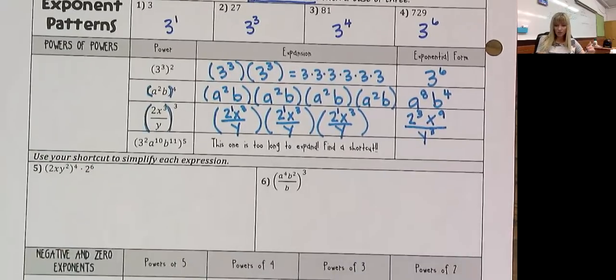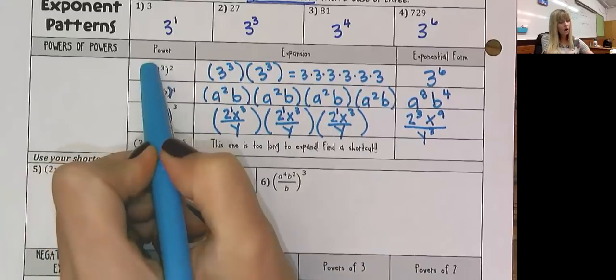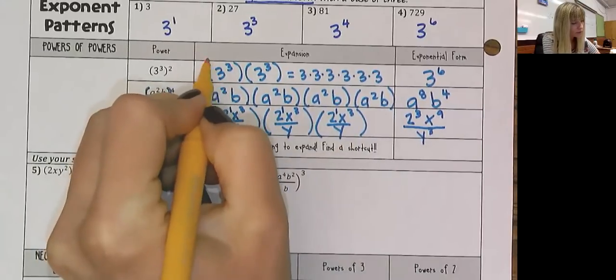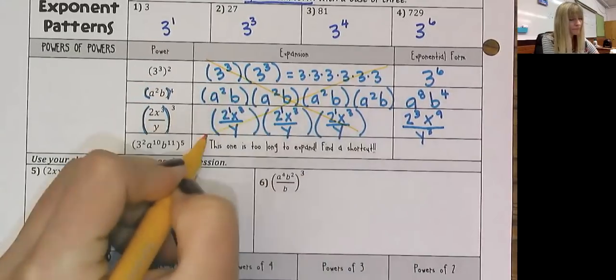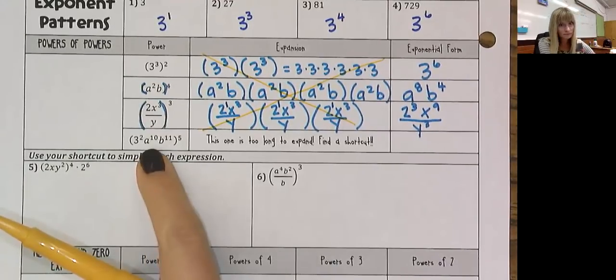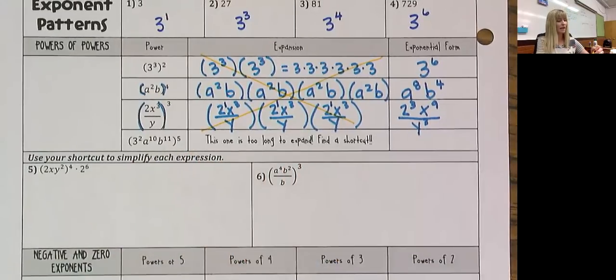Now, the question is, what is happening from here all the way to here? Can we see the mathematical patterns that would allow us to perhaps skip the expansion step? In fact, right here, look at that one. This one is too long to expand. Find the shortcut.